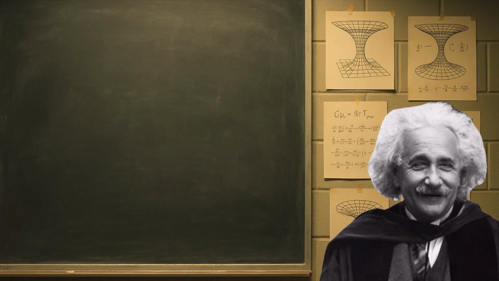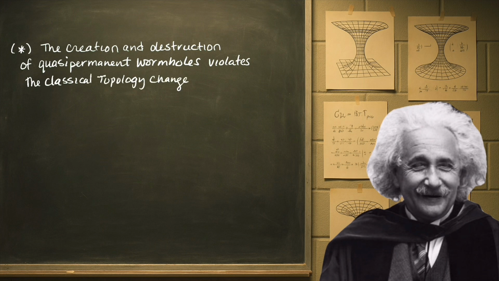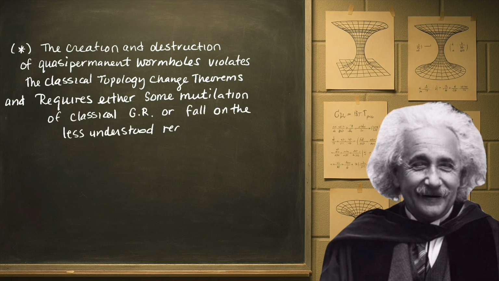However, the creation and the destruction of quasi-permanent wormholes violates the classical topology change theorems and requires either some mutilation of classical general relativity or a fall into the less understood realm of quantum gravity.